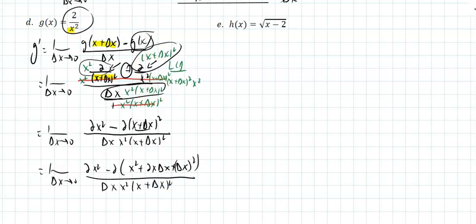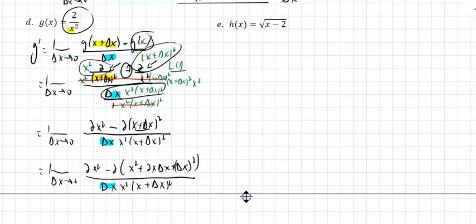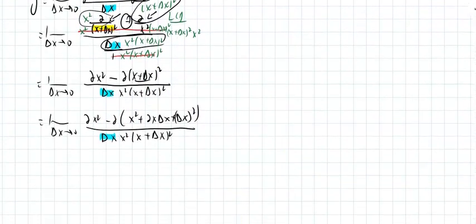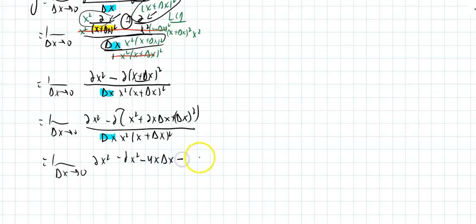You need to get rid of this delta x. That's always the case. And if I distribute the 2, negative 2x squared minus 4x delta x minus, that's a plus, 2 delta x squared.